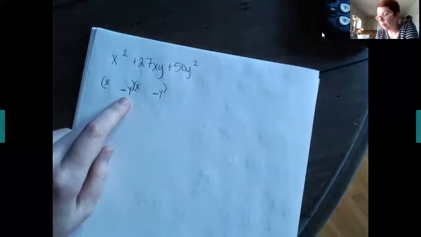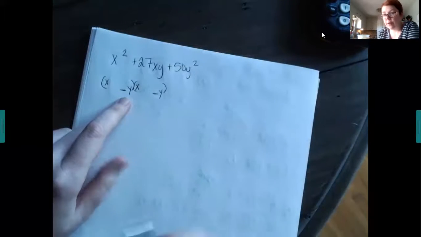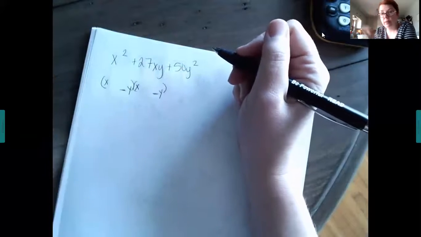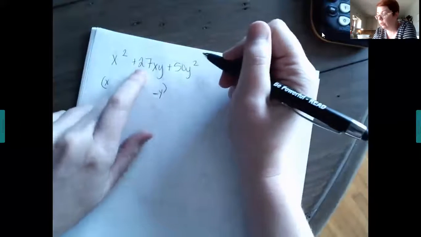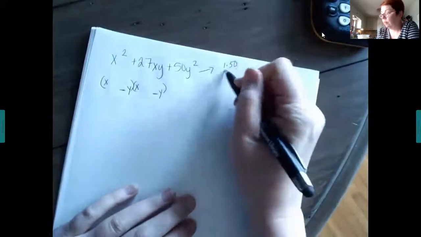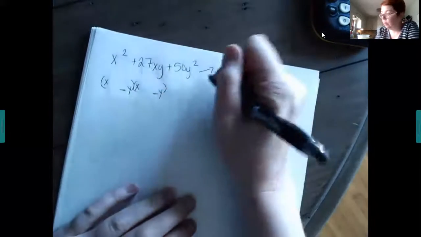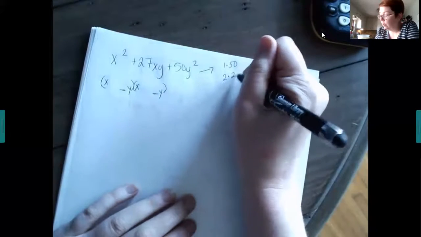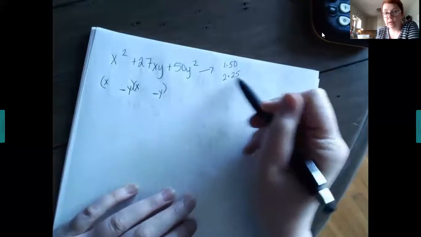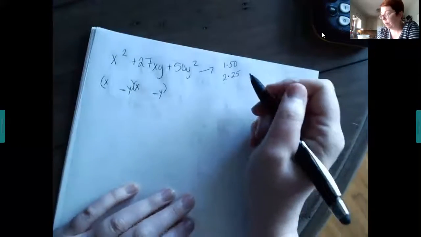And now I think about factors of 50. What can I multiply to get 50 that will combine to get 27? I know I have 1 and 50. If I added that, that does not give me 27. 2 and 25. Oh, well, if I add those two together, I get 27, right?